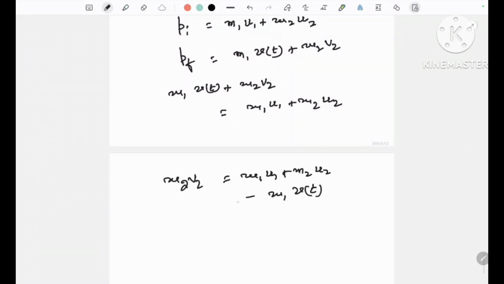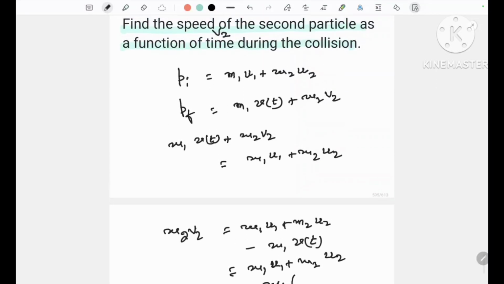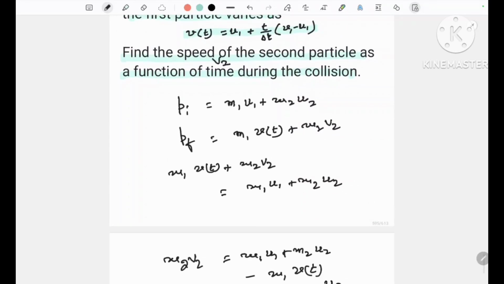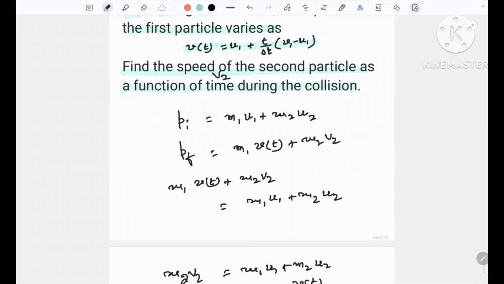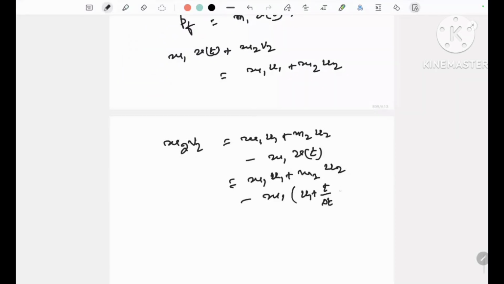Put in the value of vt. m1 u1 plus m2 u2 minus m1 times (u1 plus t upon delta t times (v1 minus u1)).